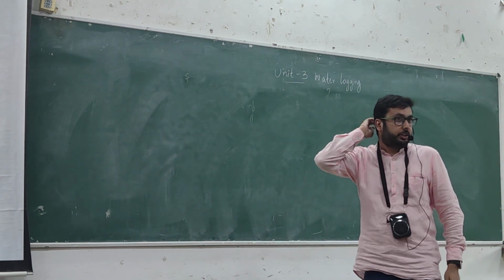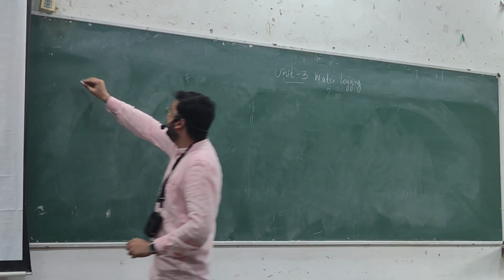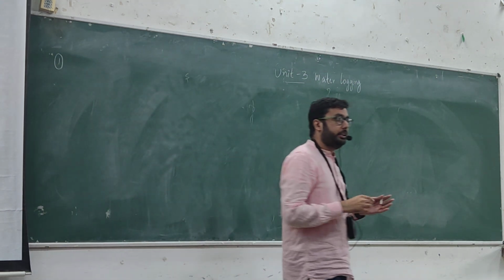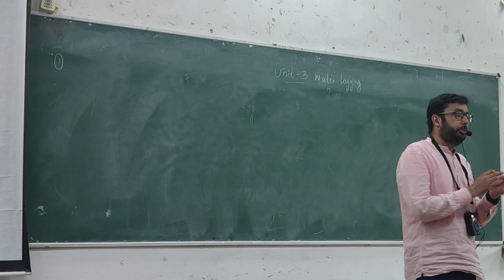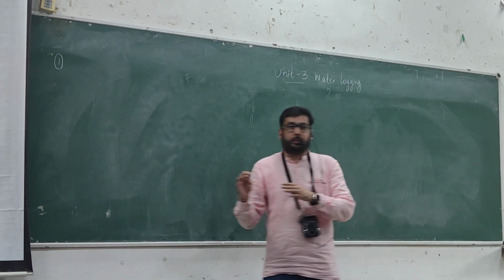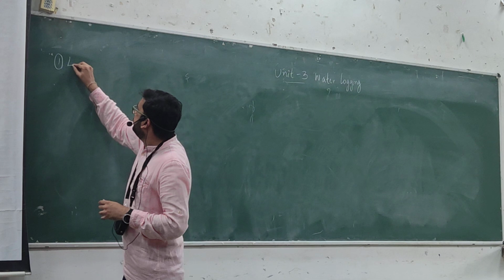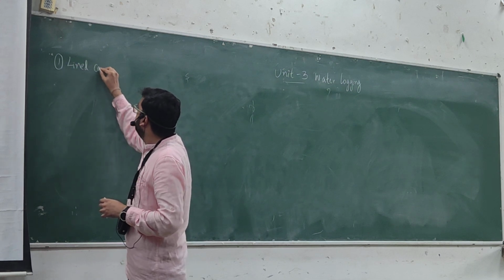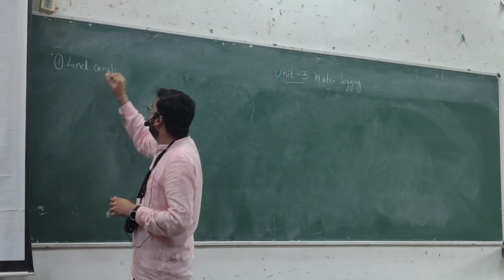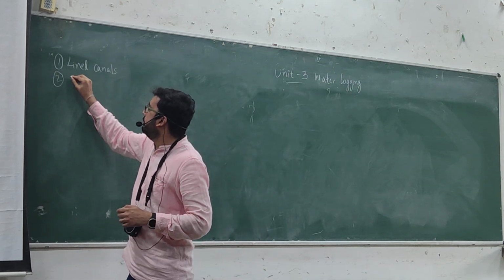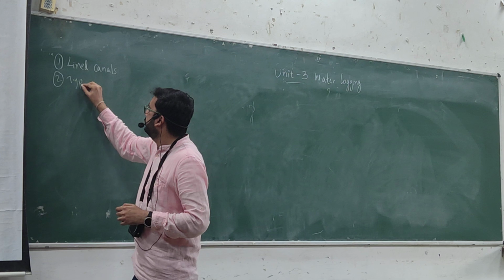The topics we are going to cover in this unit are, in the last unit we looked at unlined canals. Now we are going to continue with lining of the canals, and we are going to design lined canals. And then we are going to see briefly the types of lining.